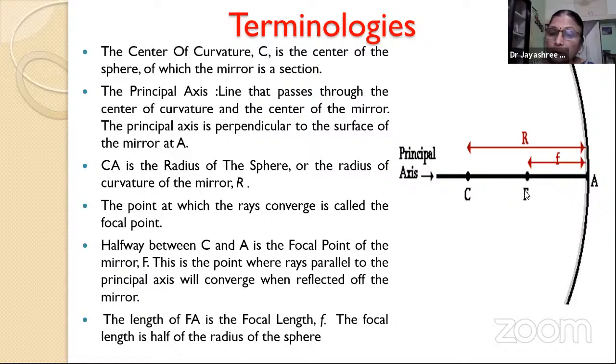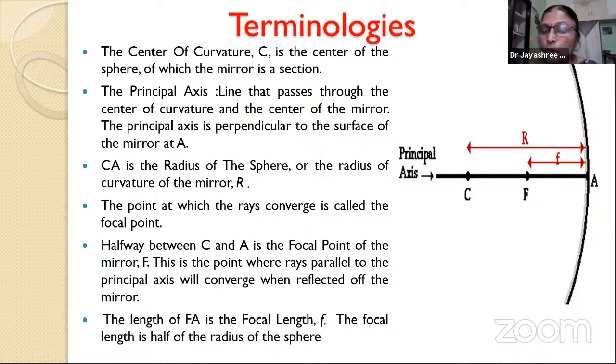What is this focal point? This is the point where rays parallel to the principal axis converge. Principal axis means what here? It passes through the center of the curvature of the mirror, so obviously the center of the mirror.